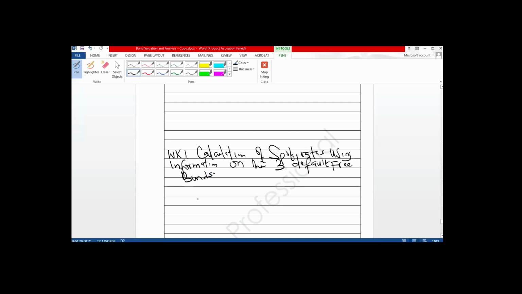I want to use the bonds to calculate my spot rate. You are going to pick bond A.